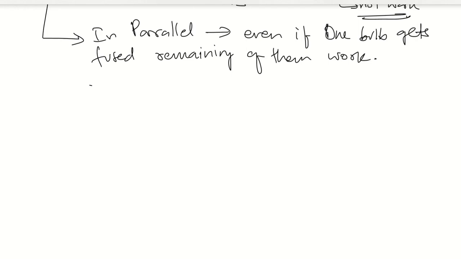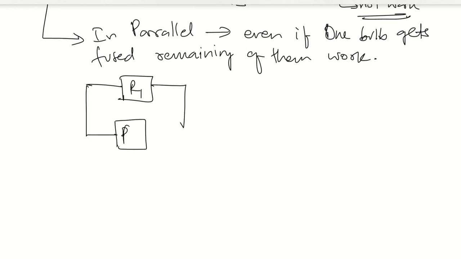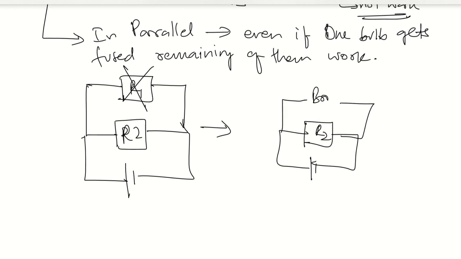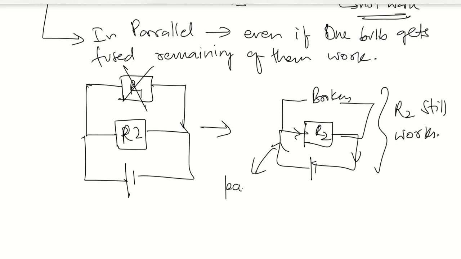That happens because if I have my bulb here R1, and if I have R2, and then if I have my source here like this, for some reason this is not working, still I am going to have a circuit which will be something like this. See, R2. So here it is broken. So this will work. So R2 still works. And that has a path here for the current to flow. So these are the paths for the current to flow.